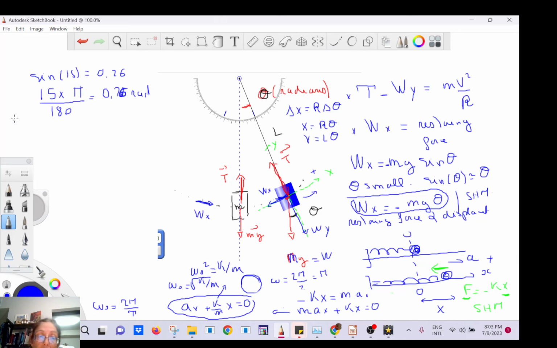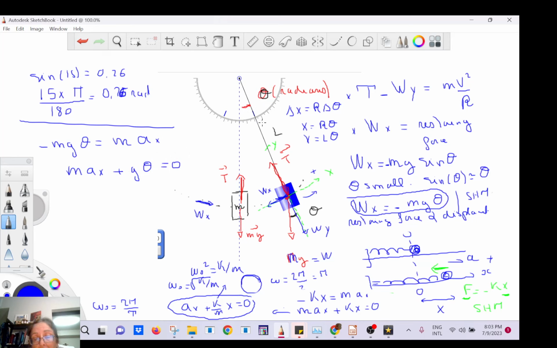So let's see if we can apply that to the pendulum. I have the restoring force equals the mass times the acceleration along the x. So I have mx plus mg theta equals 0.